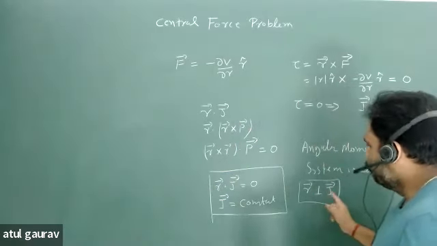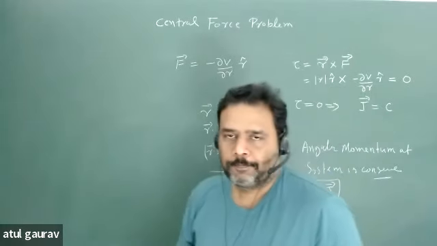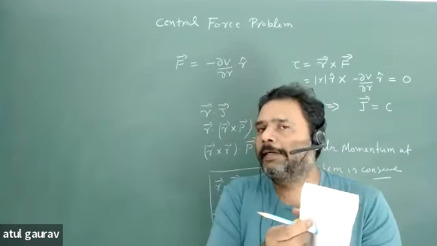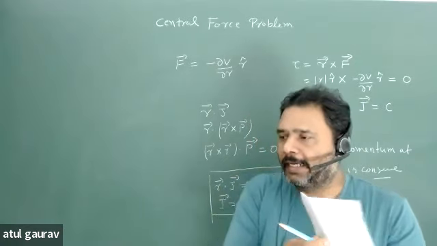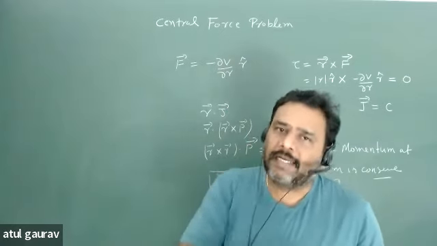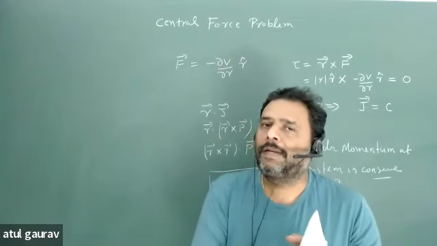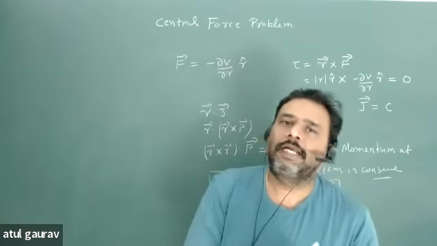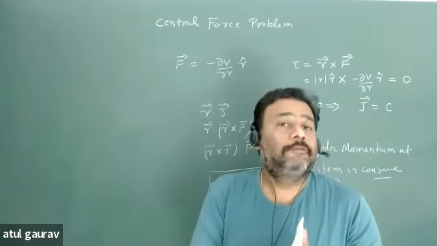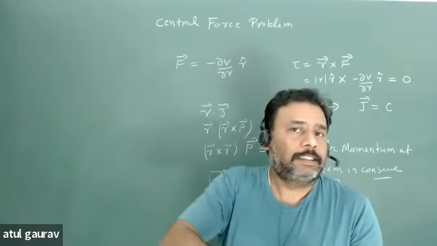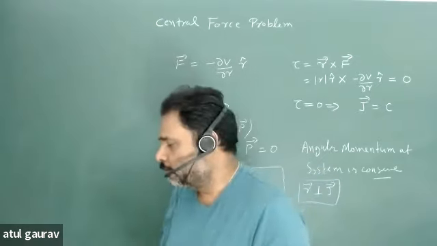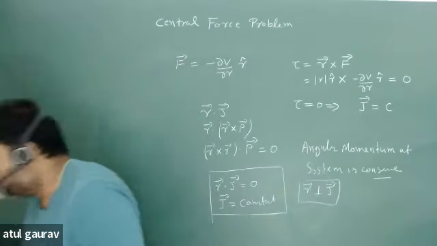R is perpendicular to J, but J is constant. So the direction of J is also not going to change. So the R vector is confined in a particular plane where J is perpendicular to that plane. The plane in which R is defined is not going to change. Why? Because J is not going to change. Are you going to understand this particular thing?